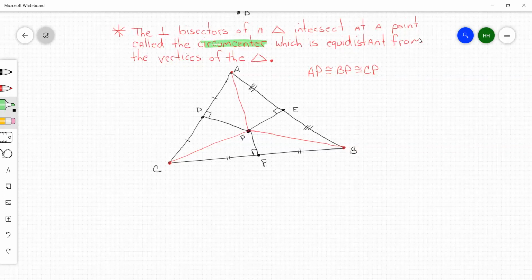Since P is the same distance from each vertex, what else do you know about a point that's the same distance from the sides of something? What's that point called? Anybody? A point that's the same distance from the sides of something.